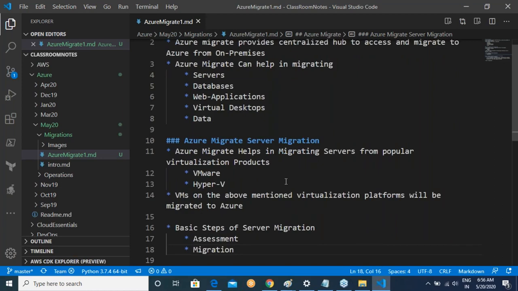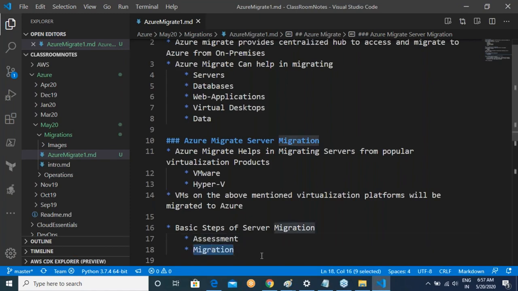You will assess, and whenever you do an assessment, you will get a report or result which tells you whether this migration will be okay to do, not okay to do, or whatever problems you might end up facing. That is the assessment which you should try to give.